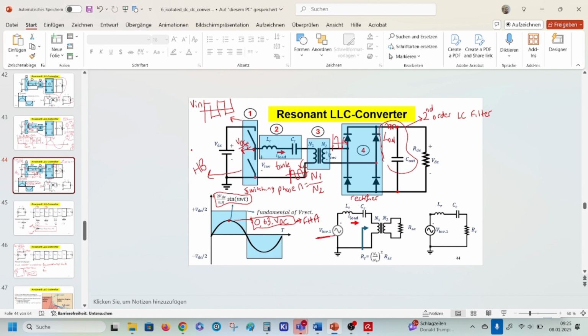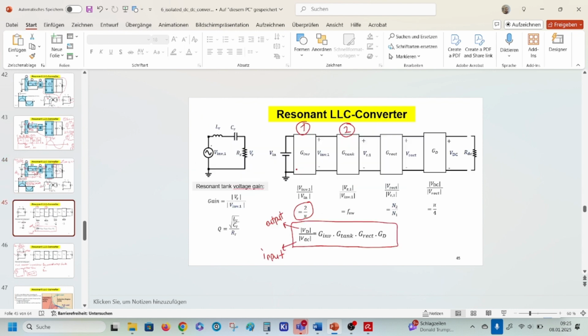They are all sinusoidal waveforms, but just by changing the switching frequency, the impedance of the tank changes, and the gain is controlled by changing the switching frequency. It's the output voltage divided by input voltage of the tank.